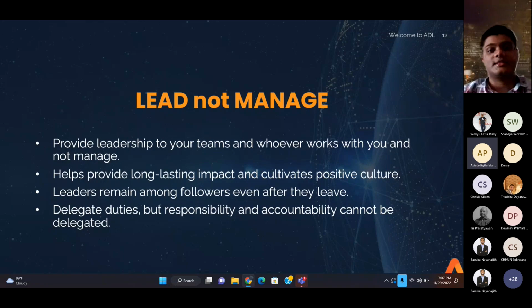Software engineers are knowledge workers, meaning they use their knowledge as a means of employment and income, and therefore knowledge workers cannot be managed easily, and managing them is not productive and not effective. Leading will provide better opportunity, and this leadership quality should be nurtured within everyone, because everyone is going to be a leader somewhere today or tomorrow.